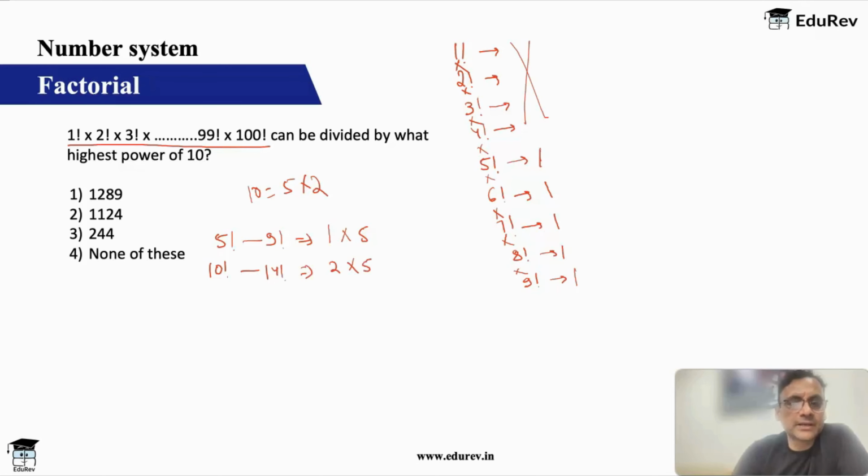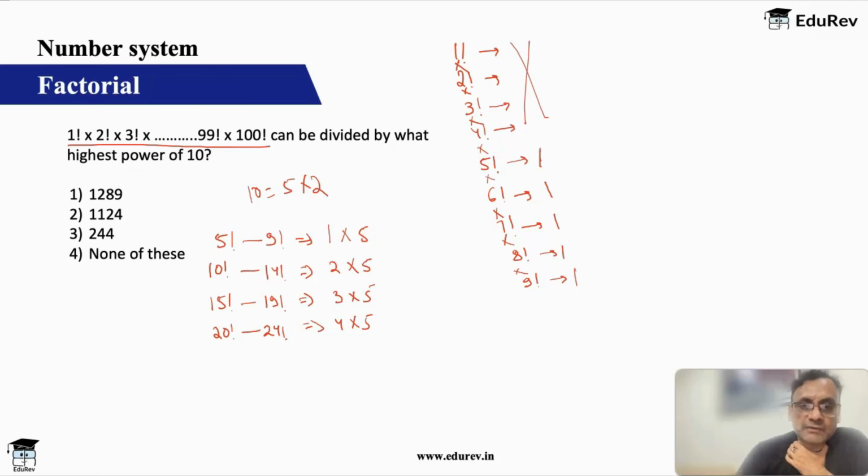Total that means I'll get 2 into 5, 10 5s. 15 factorial to 19 factorial, sorry, I'll get 3 5s each. So I'll get 15. 20 factorial to 24 factorial, I'll get 4 5s, so 4 into 5. Okay. 25 factorial. Again, people make a mistake here. 25 factorial will have how many 5s?